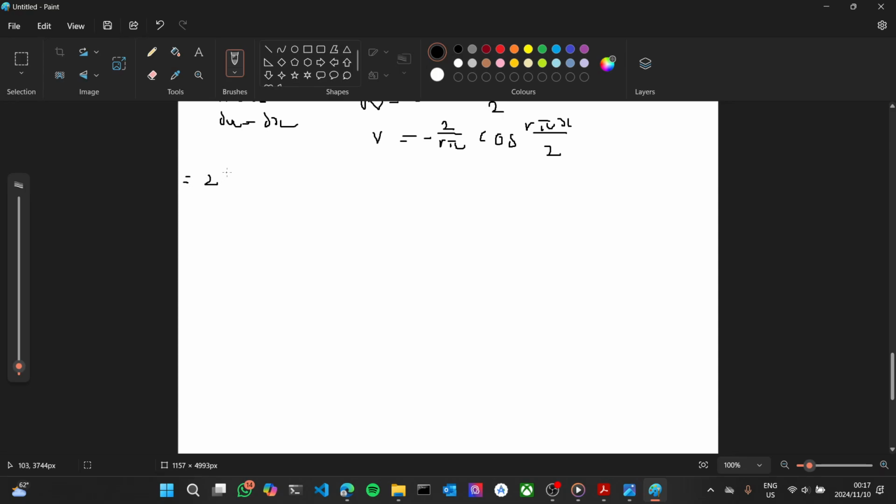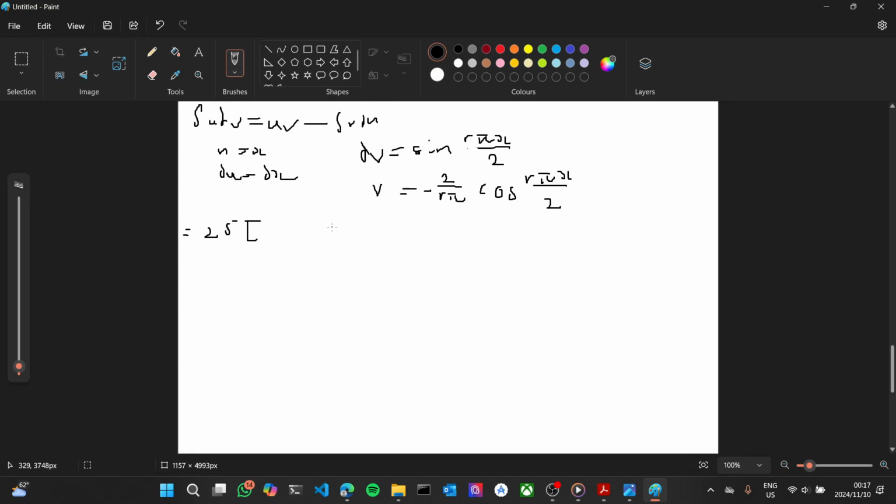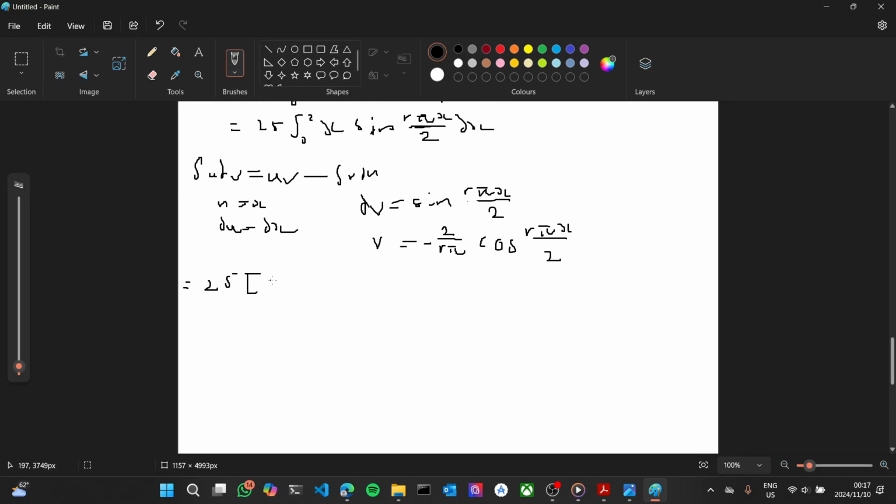Now let's input that into our equation. Say we got 25 multiplied by u times minus 2 over r pi cosine r pi x over 2, right? And this is technically evaluated from 0 to 2, but we don't have to consider that right now.